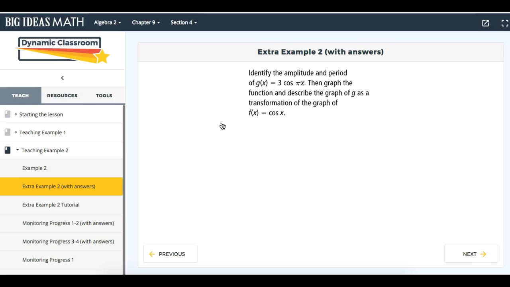And in this one, I also want you to tell me what the transformations are from this to our parent function. So what are the transformations from 3 cosine pi x to cosine of x? So you're writing down 5 things here: the amplitude, the period, the maximum, the minimum, and all of the transformations from g to the parent function f. Go ahead and write those in now.